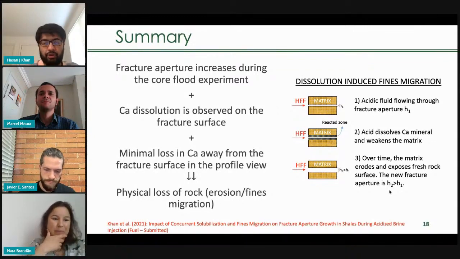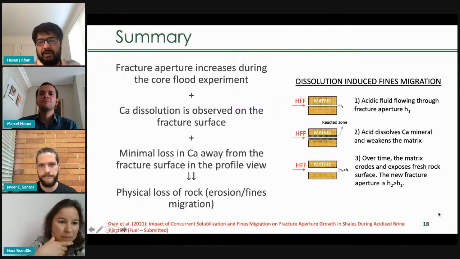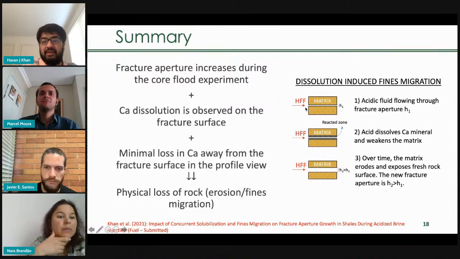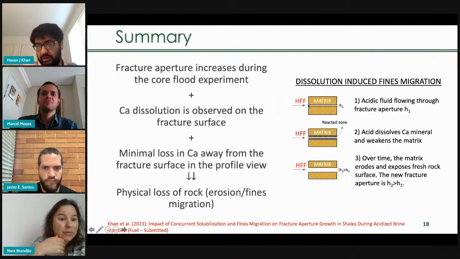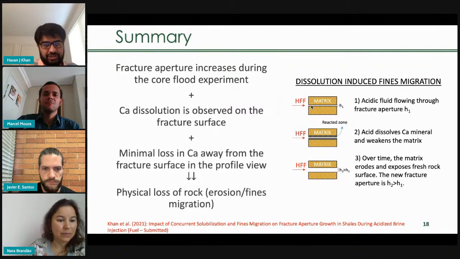So if you're injecting fluid at a specific rate from the left-hand side, that implies that fresh fluid is coming in at a specific rate. If we increase that flow rate, like double it, that means 2 times the fluid is moving past this part of the rock, which means the rock is now exposed to twice the amount of fresh fluid. So the amount of reaction increases, and therefore the fracture growth changes at that point.